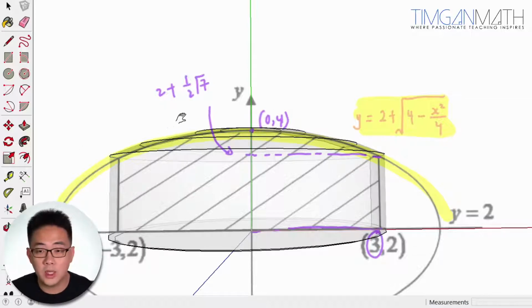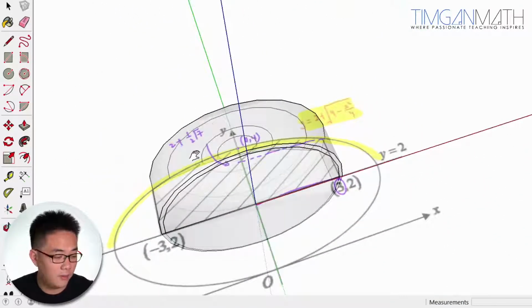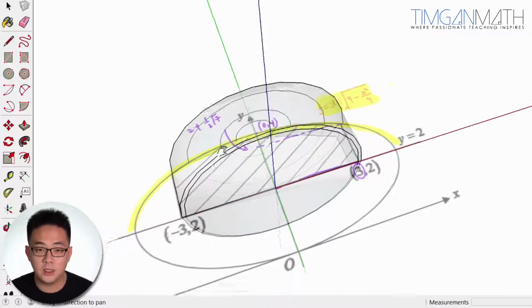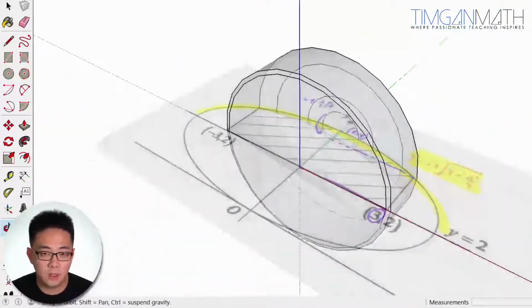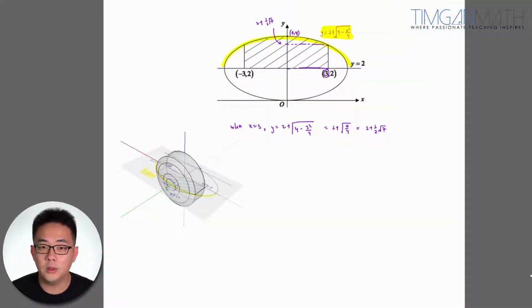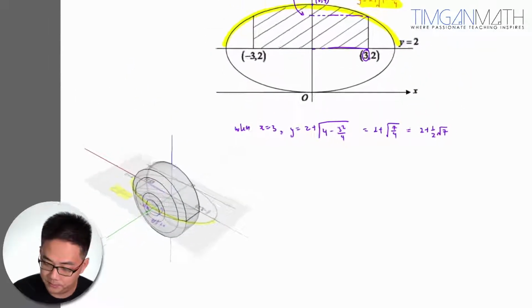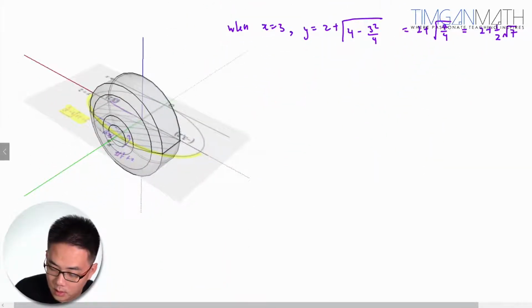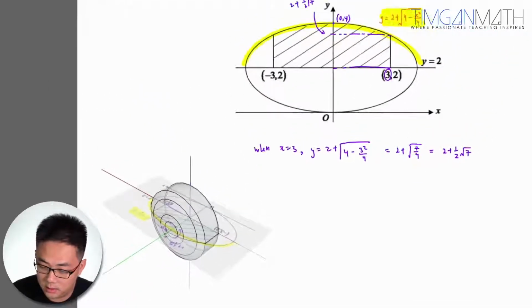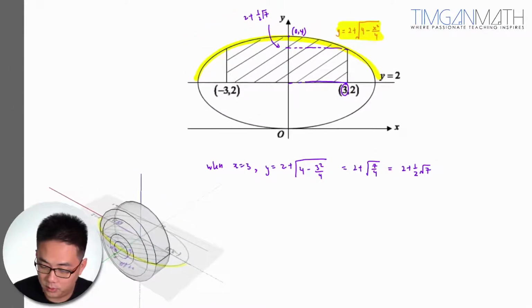All right, so that's what we're going to do. You need to be able to visualize this. I know some students may struggle, but just keep practicing. So what we're going to do is find the volume of the cylinder plus the volume on top.